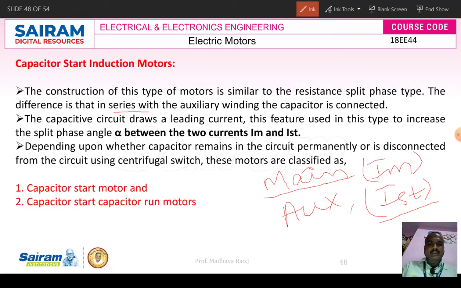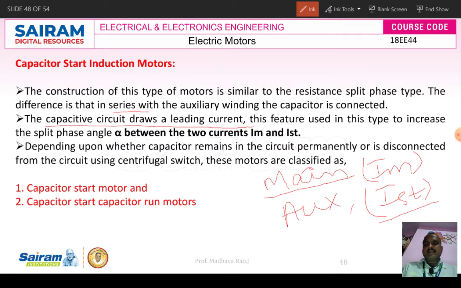Because the capacitor is connected in the auxiliary winding, the starting current IST leads the supply voltage of the induction motor. The capacitor circuit draws the leading current.